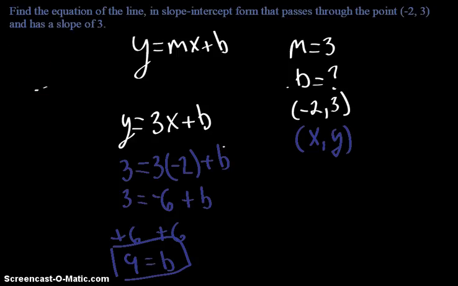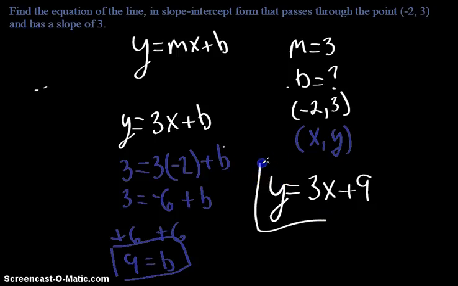So now I have my slope and my b value. So I'm going to rewrite my final equation as y equals my slope from before, so 3x plus, it's always plus, 9. There is my final equation.